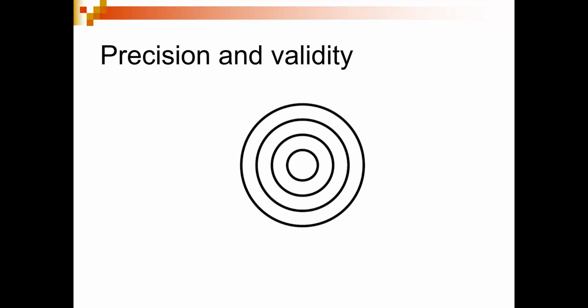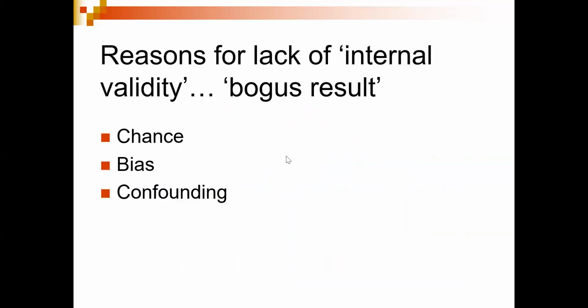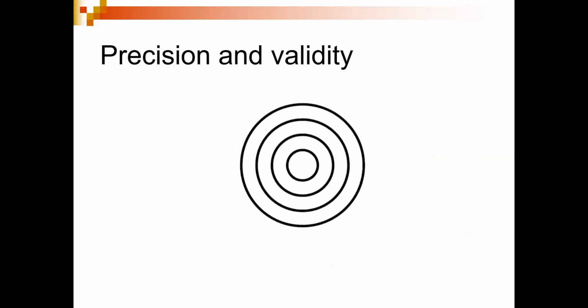We have the issue of precision and the issue of validity. So I will use these circles to try to illustrate these two principles of precision and validity. So let's take, for example, in this case, what we want, our true results.